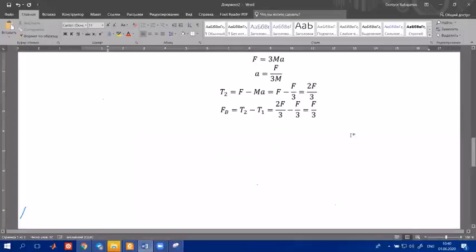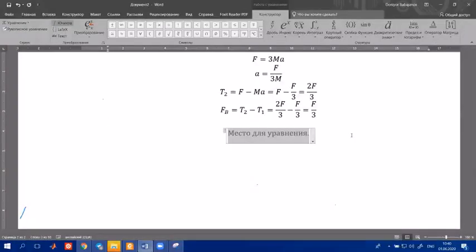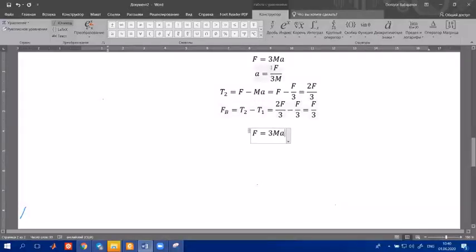So you can write Newton's second law for the whole system. So the external force, the net force, will be equal to F for the whole system, because internal forces T1 and T2 are cancelled. And the mass of the whole system is 3m. And acceleration of the whole system is a. So we reached this step very quickly with this equation.